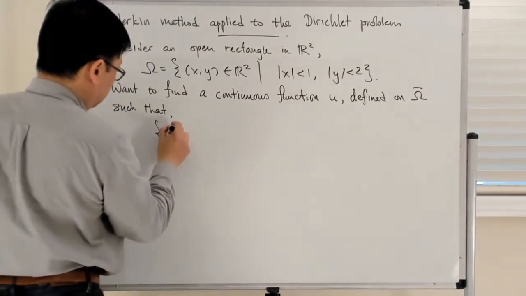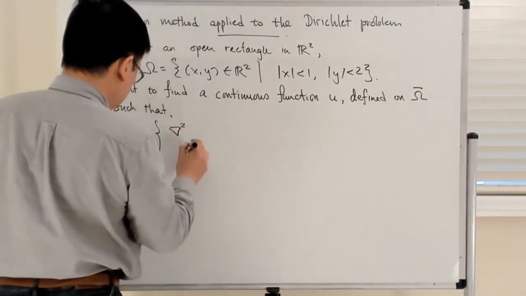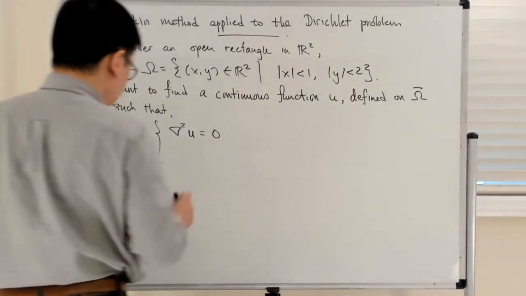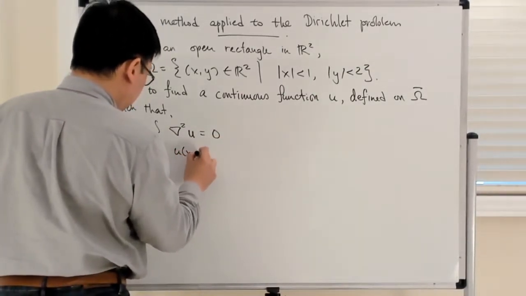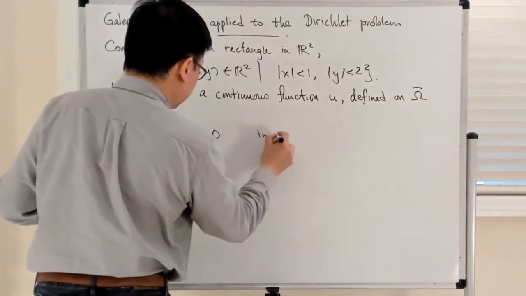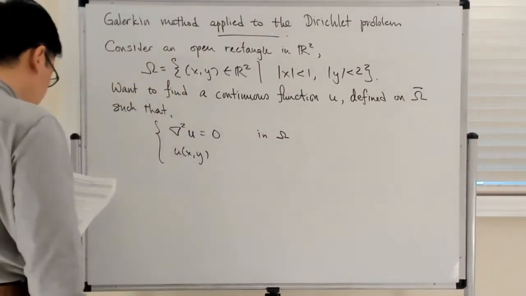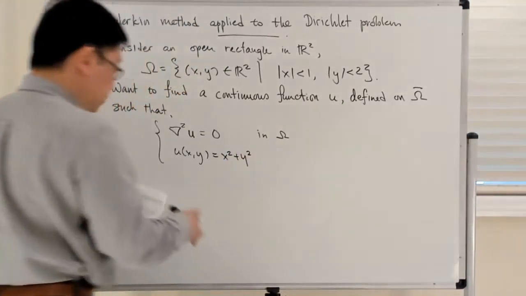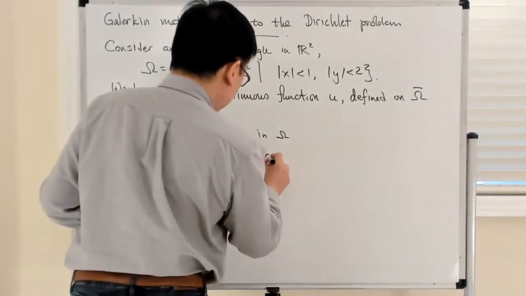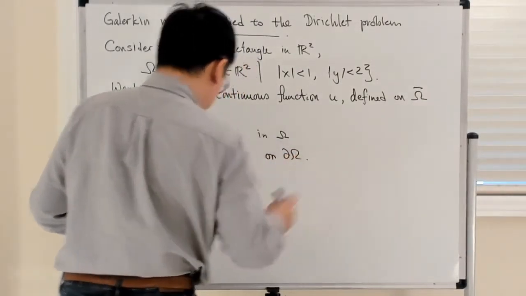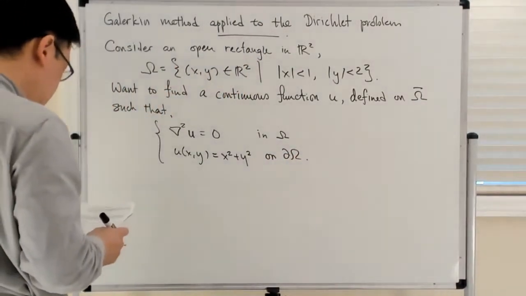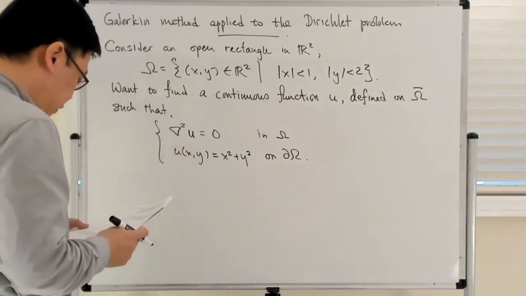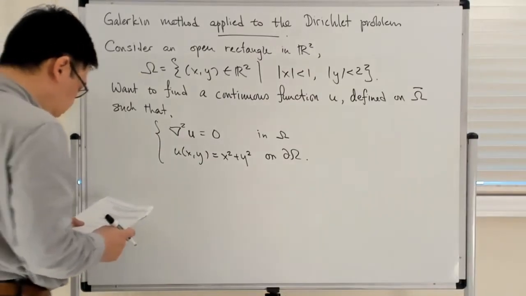the Laplacian applied to u equals 0 in the interior, omega, and u(x, y) is equal to, say, x squared plus y squared, which is the boundary condition on the boundary of omega. So this obviously is a linear operator acting on u equal to some right-hand side, right?